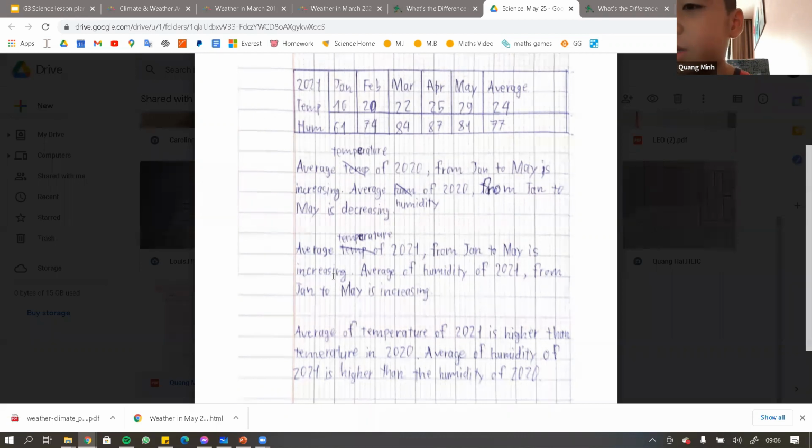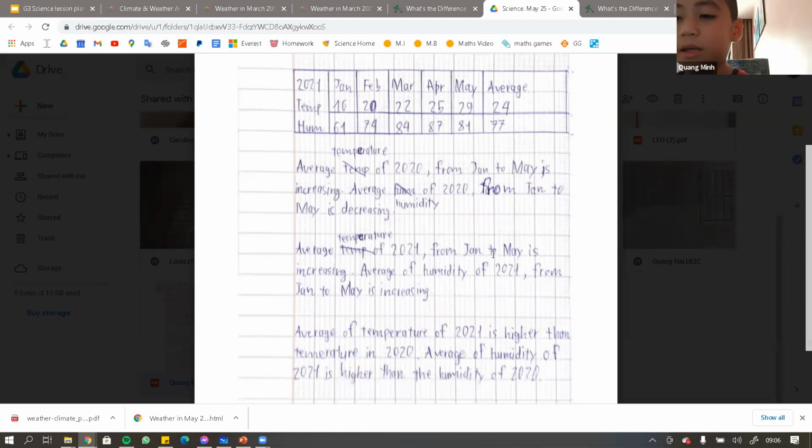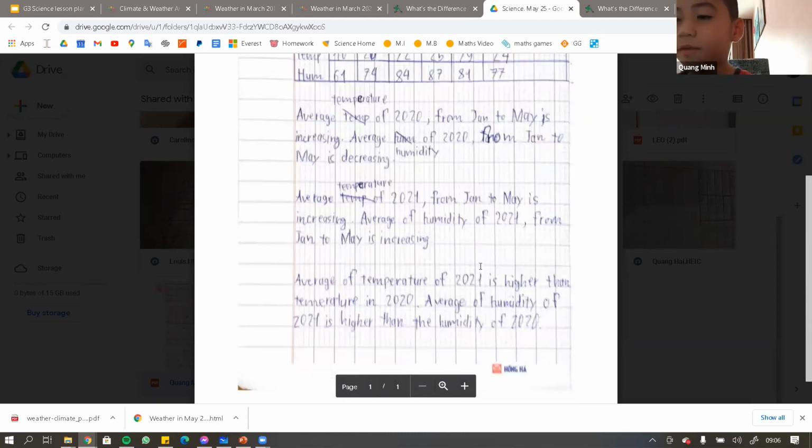Average humidity of 2021 from Jan to May is increasing. Average temperature of 2021 is higher than temperature in 2020. Average humidity of 2021 is higher than the humidity of 2020.